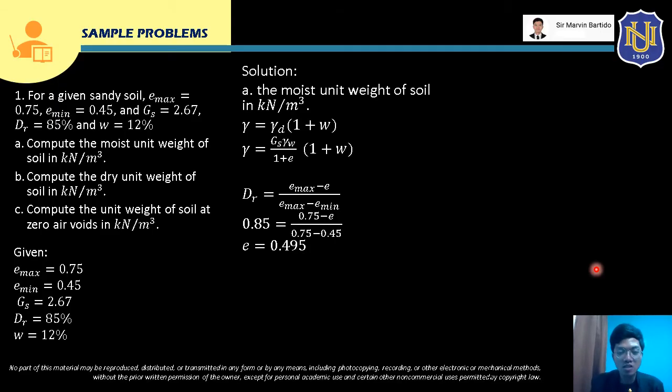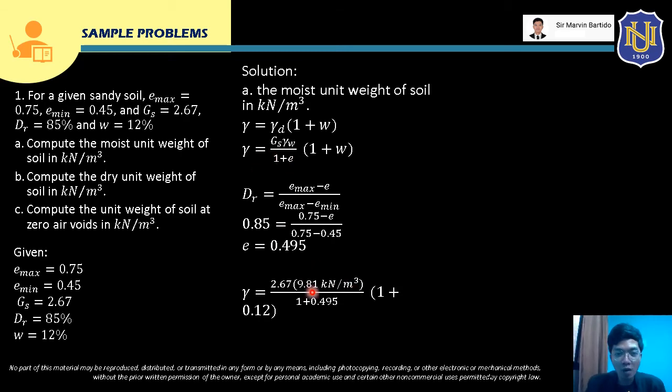Since we now have the void ratio, we can directly substitute it into our formula to solve for the moist unit weight. G sub S is 2.67, gamma water is 9.81 kilonewton per meter cube, 1 plus E where E is 0.495, and 1 plus W where W is 0.12.